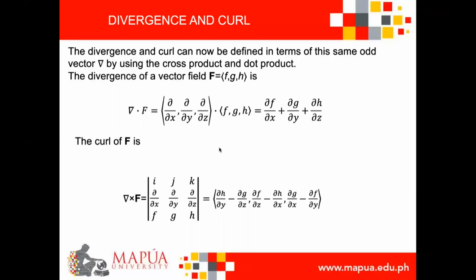We must observe that the divergence of a vector field F and the curl of F depend on the point at which they are computed, and hence are more properly written as div F of x, y, z and curl F of x, y, z.